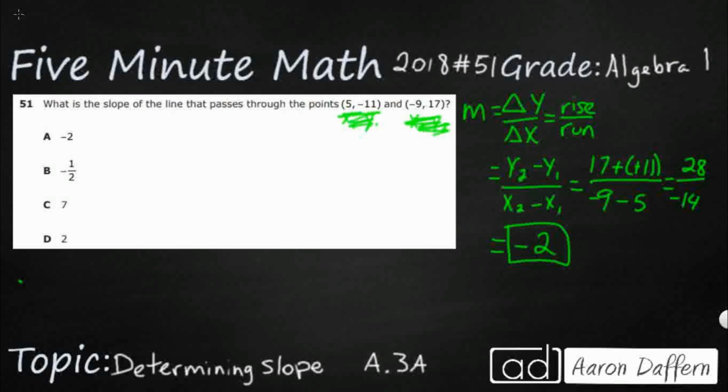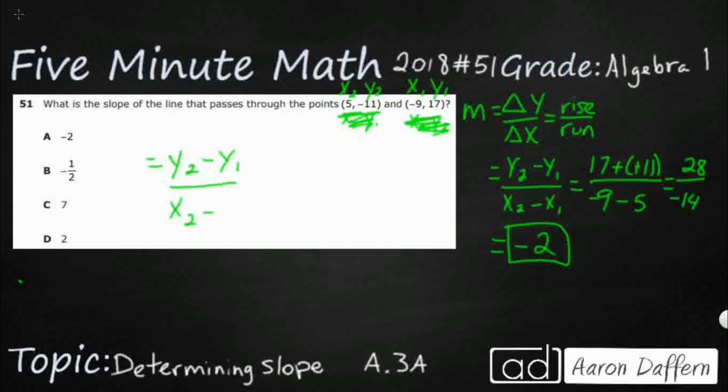So I'm going to make 5 my x2. I'm going to make negative 11 my y2. Now I'm going to make negative 9 my x1, and 17 my y1. So remember, we're still going to do change in y over change in x.